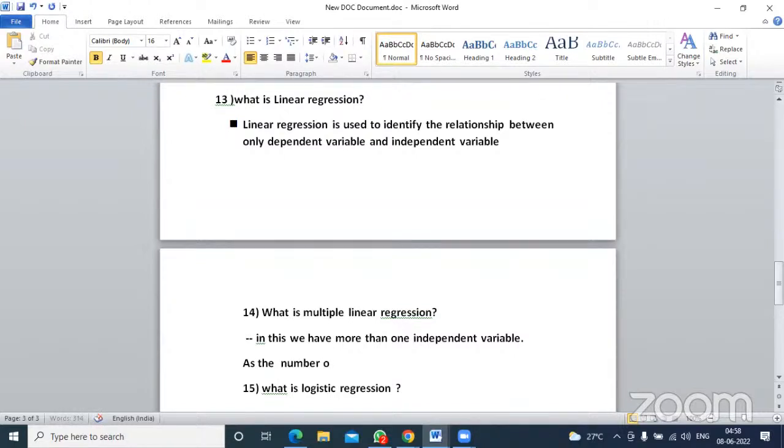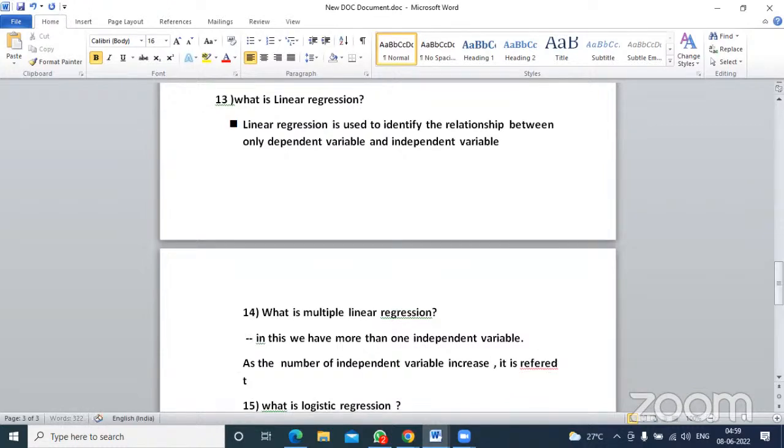As the number of independent variables increases, it is referred to as multiple linear regression.